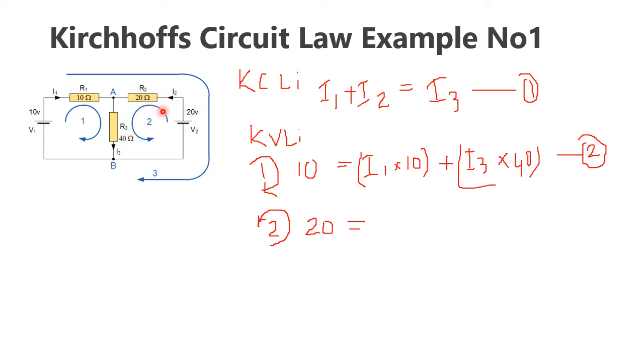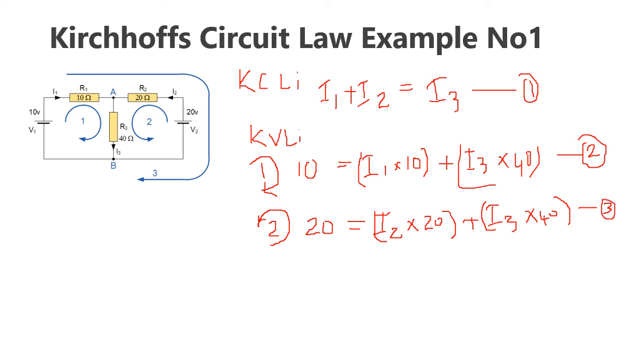I2 into R2 is in the same direction as my loop direction, therefore that will become plus I2 into 20 ohm, plus I3, which is also flowing in the same direction as my loop direction, so I3 into the resistance value of 40 ohm. So this is equation number 3.